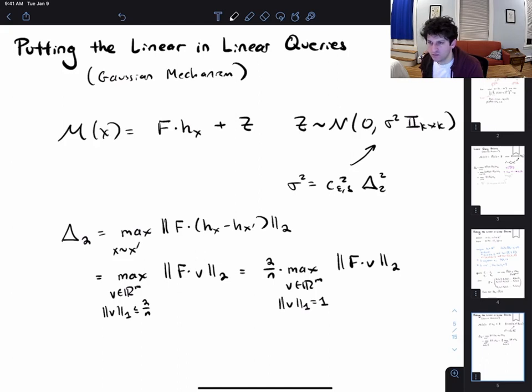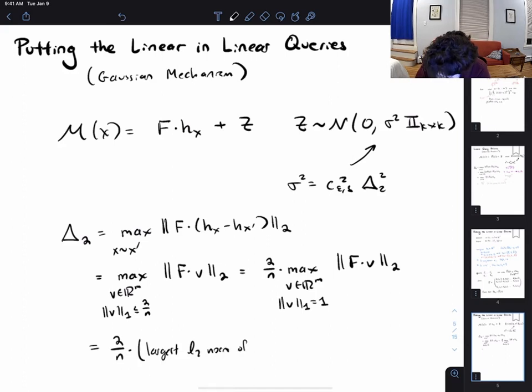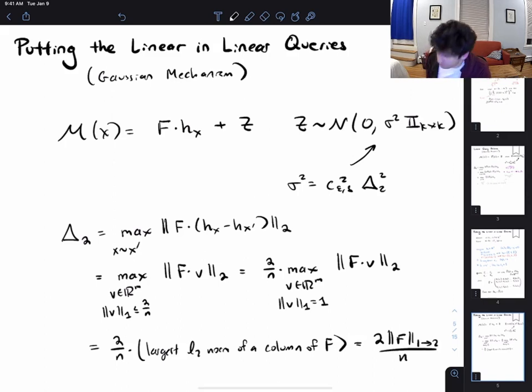Now, this doesn't seem particularly helpful. However, this thing is equal to 2 over n times the largest L2 norm of a column of f. And it has a name, but I don't want you to get overly hung up on what this thing is, but this is sometimes called the 1 to 2 norm of f.